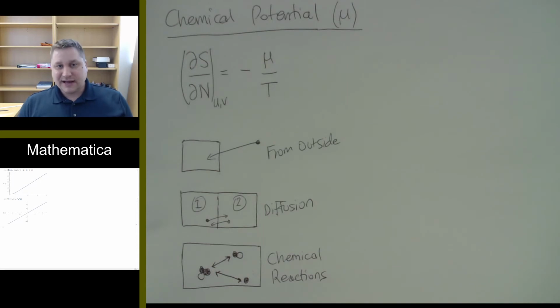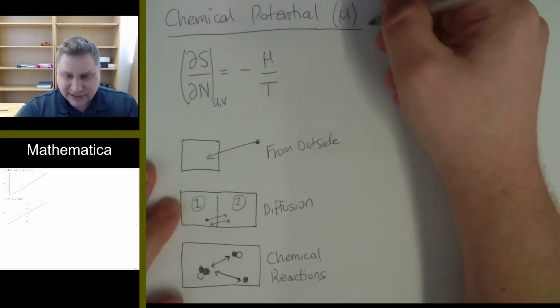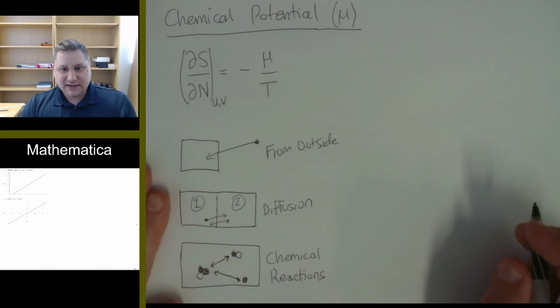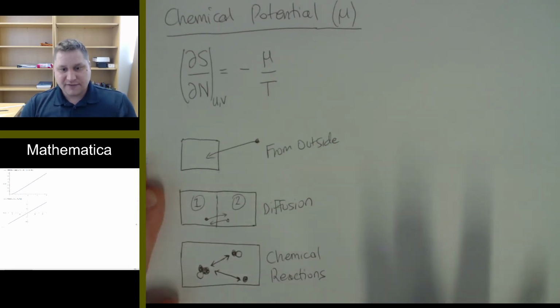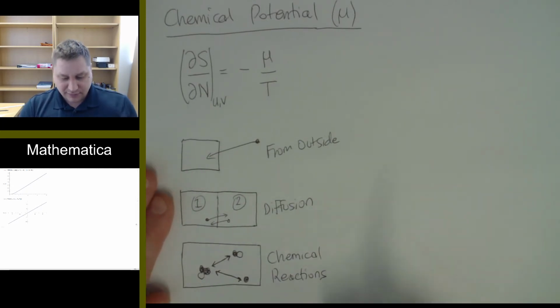Well, the diatomic ones have a lower chemical potential than their monoatomic option. So the chemical potential is what controls really the seeking of diffusive or chemical equilibrium.